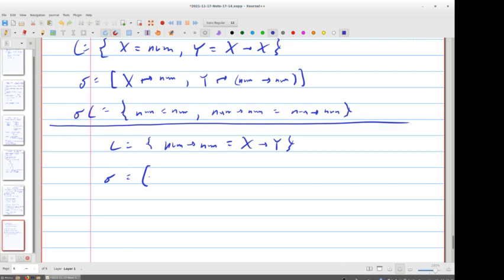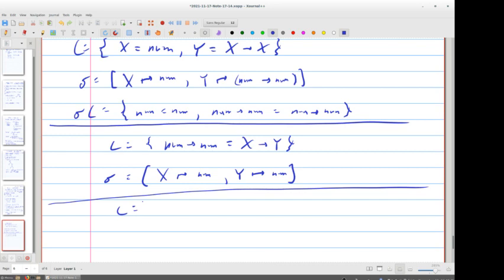Anyone have an idea? Would it be x equals num, y equals num? Yeah, so let's map x to num and y to num. Again, our hand is forced here. There's not much of a choice. It's the only way to satisfy this equation. Okay, let's try another one.